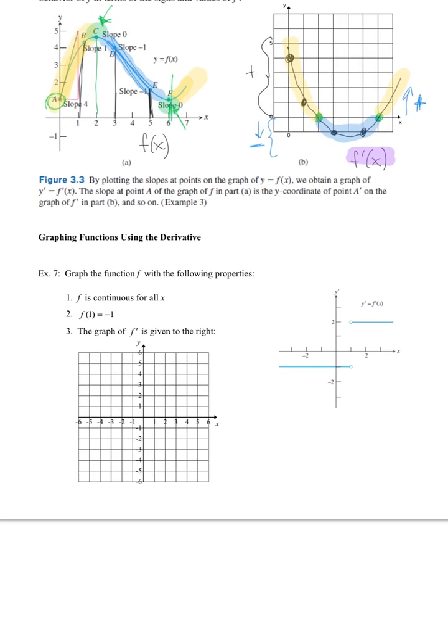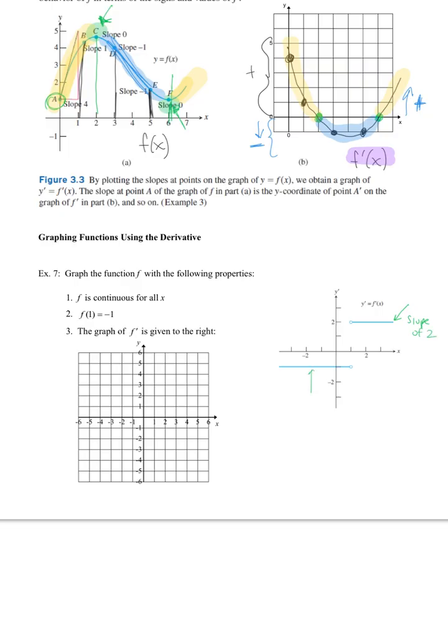All right, so then this last example here. Okay, this problem is asking us to do this sort of in reverse, meaning this picture over here is the derivative. These are the slopes. Okay, so I think you can see that this is a constant slope of 2.